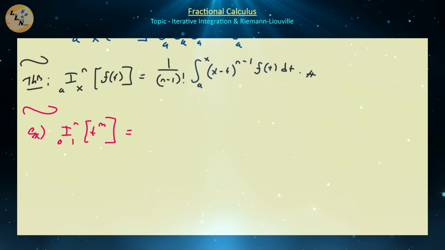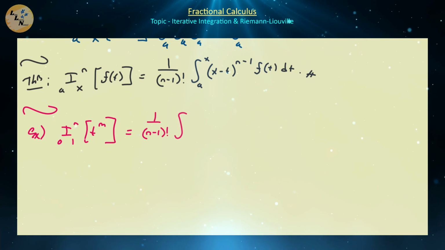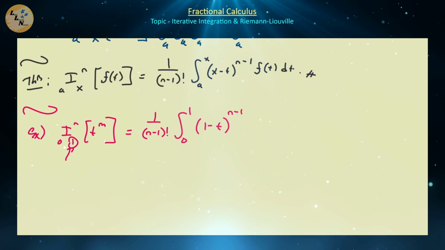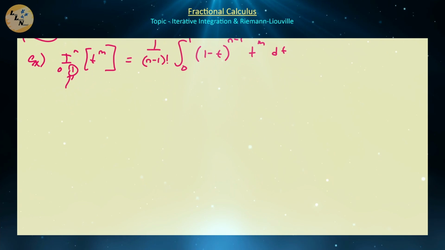So if we use this formula directly, that's just going to be equal to 1 divided by (n minus 1) factorial times the integral from 0 to 1 of, so x is going to be evaluated at x equal to 1, so we're going to have (1 minus t) to the n minus 1 and then t to the power of m dt.